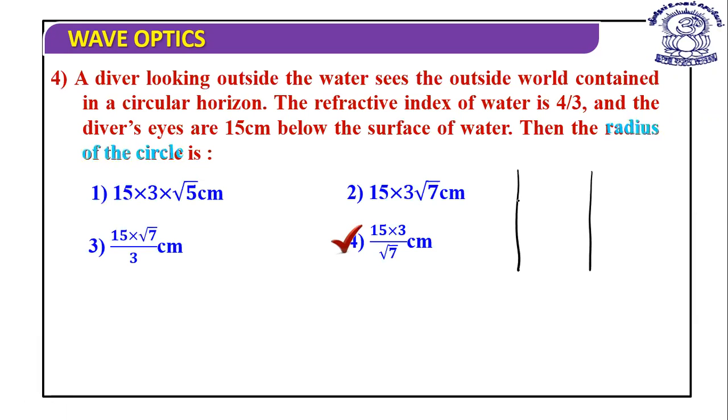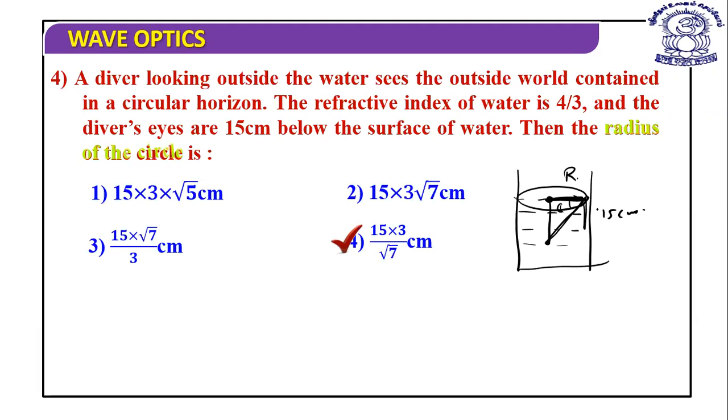Here, if outer world is seen as circular horizon, this is the radius, the depth is 15 centimeter, and the light is incident at critical angle C.